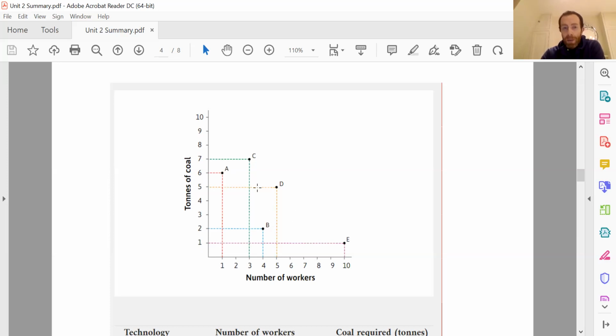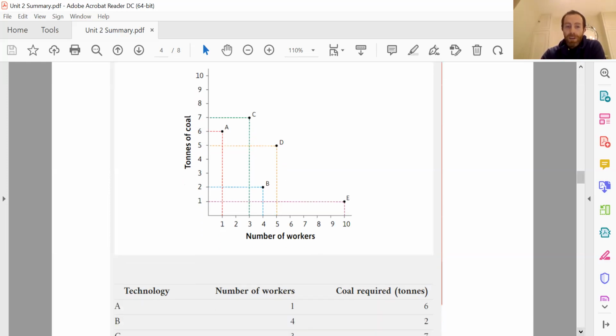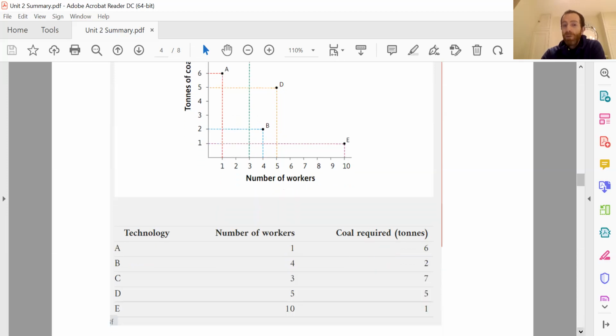So A, B, C, D, and E. And what we mean by technology options is different ways of producing the same level of output. So technology A, for example, they need 1 worker and 6 tons of coal, and that will give them, say, 100 kilos of cloth. Technology B uses 4 workers, 2 tons of coal, but it'll also produce 100 kilos of cloth.